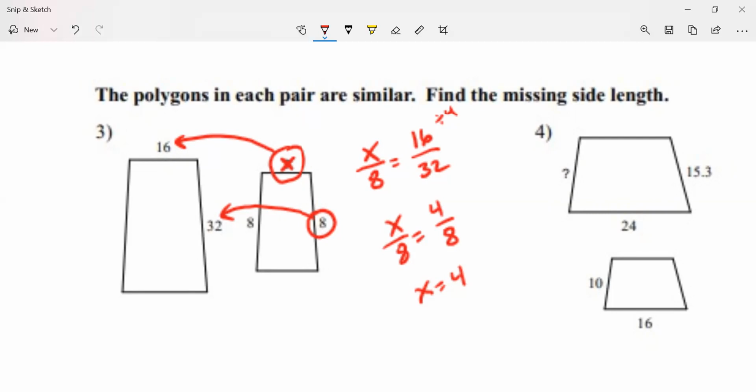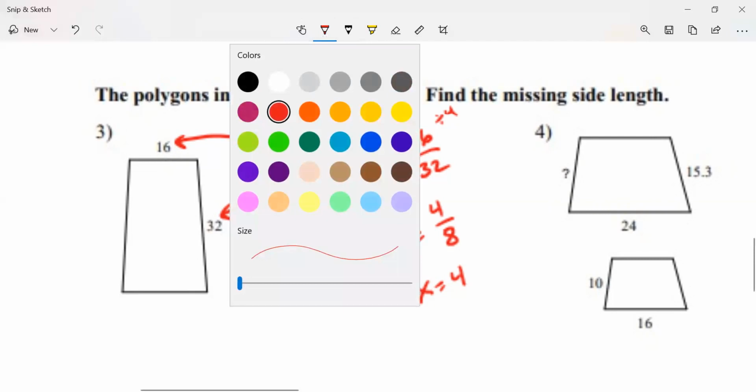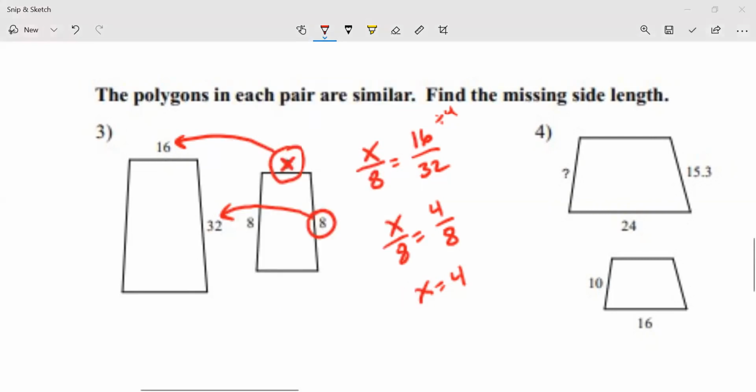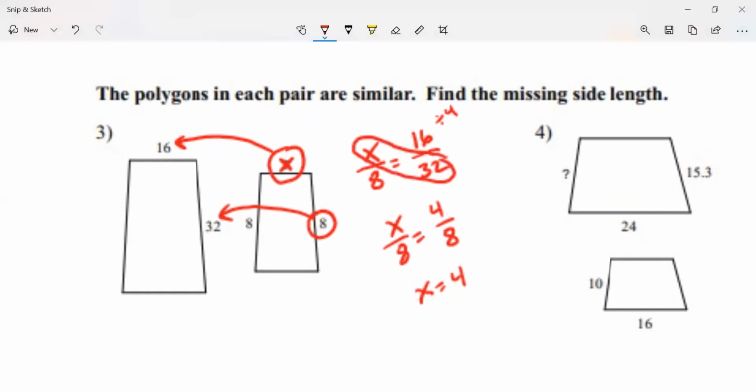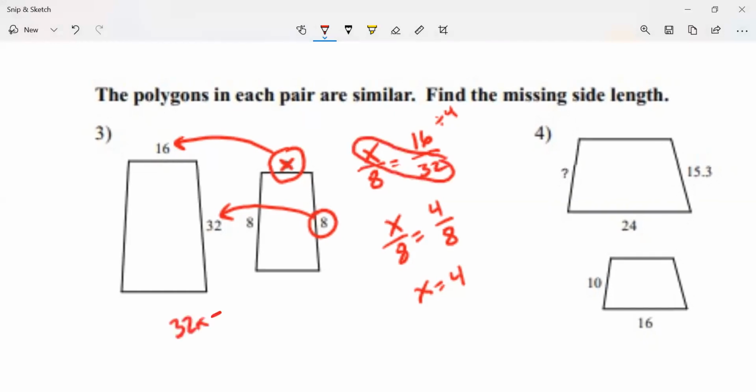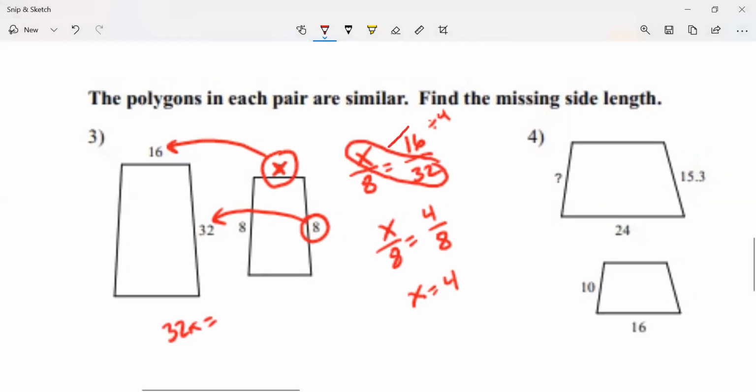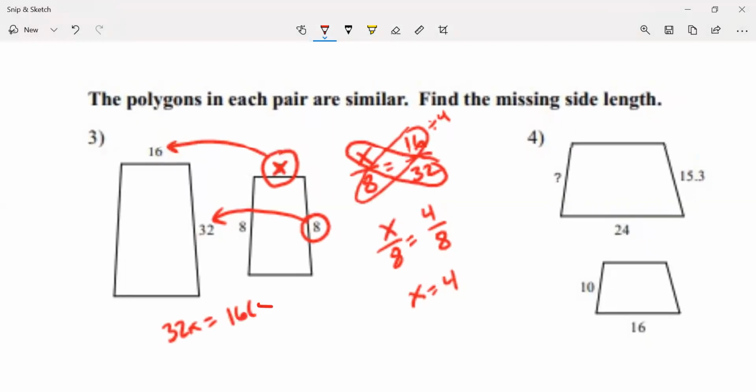So I could just say x is equal to 4 because I'm comparing the top numbers. But again, if simplifying is not your thing, cross multiply. Okay, so what do I mean with cross multiply? I could have gone 32 times x, so 32x equals 16 times 8.